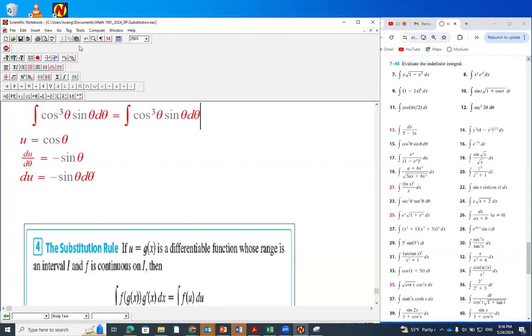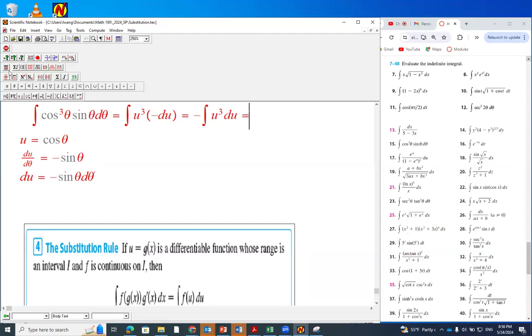Next we will have substitution. Cosine theta is u, so this is going to be u to the power of 3. And this piece is the negative du, right? So we can pull that negative sign outside. We have u to the power of 3 du.